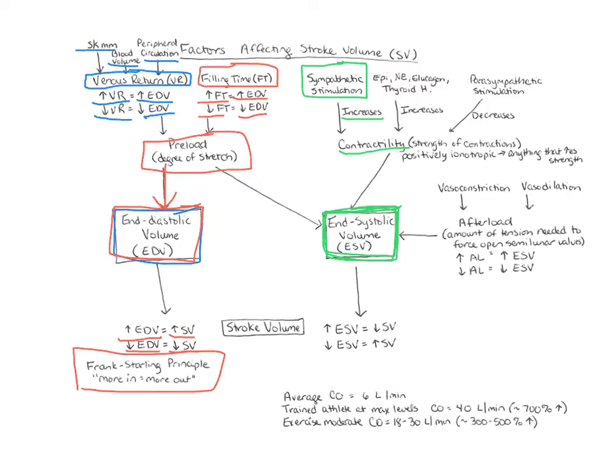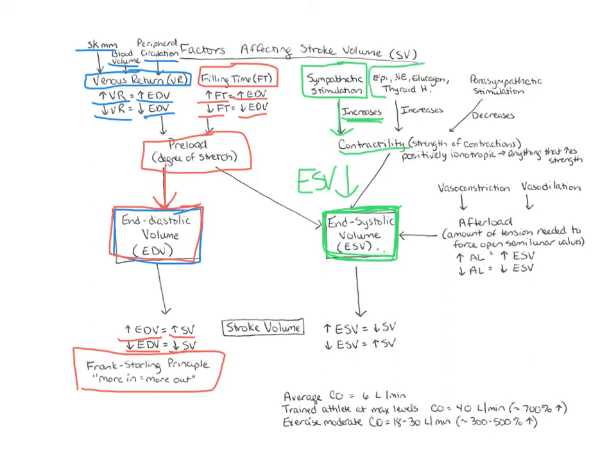If your contractility is decreased, you're going to have a lot more left over in that ventricle. So sympathetic stimulation increases the strength of the contraction, which means there will be less left over in the ventricle, so your end systolic volume would go down.